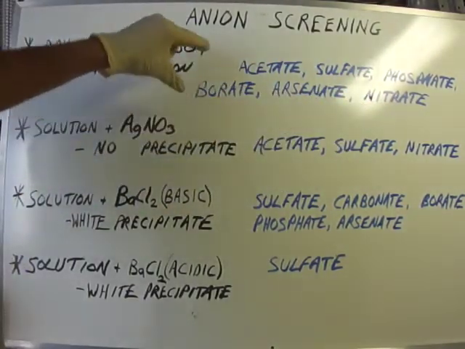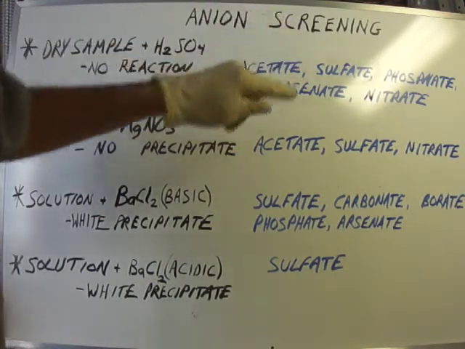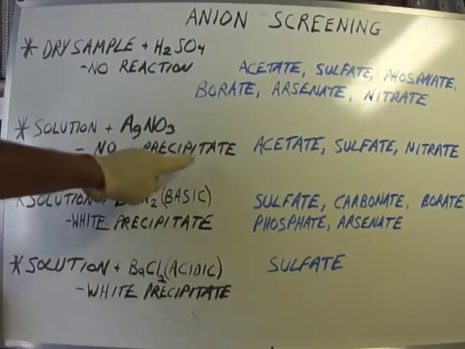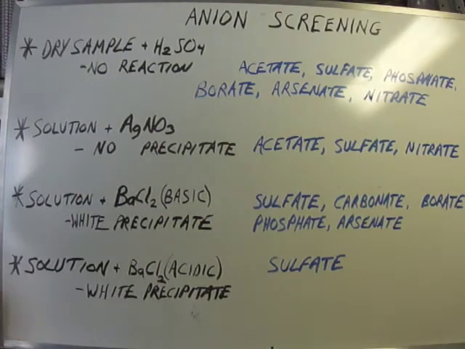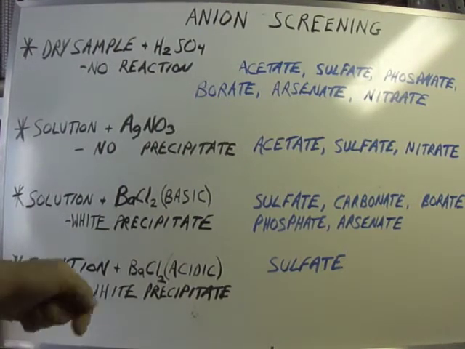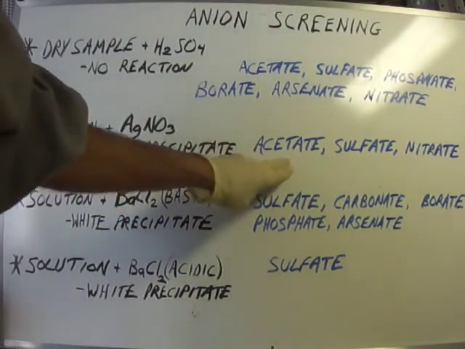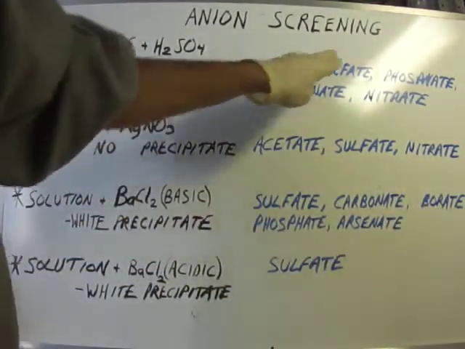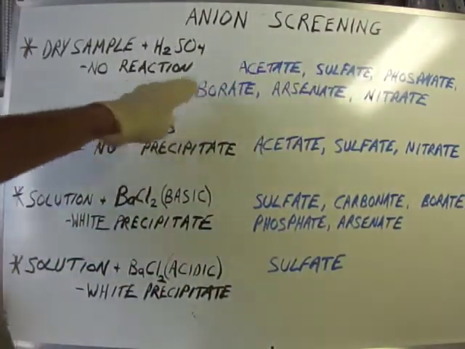So that took it from possibly 13 down to 6 anions just by doing that test. The next thing we did was take the solution with silver nitrate, and we didn't get a precipitate. That eliminates a lot, and the only thing it could be was acetate, sulfate, or nitrate, which is still possible in this group too.